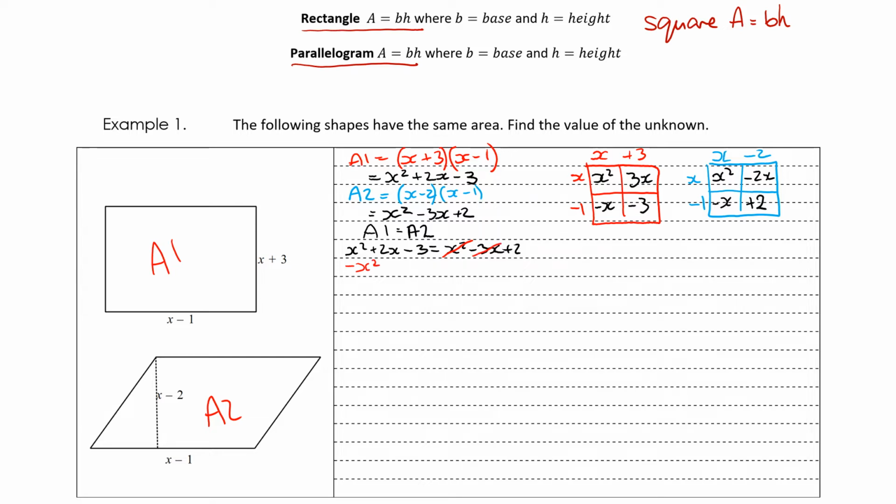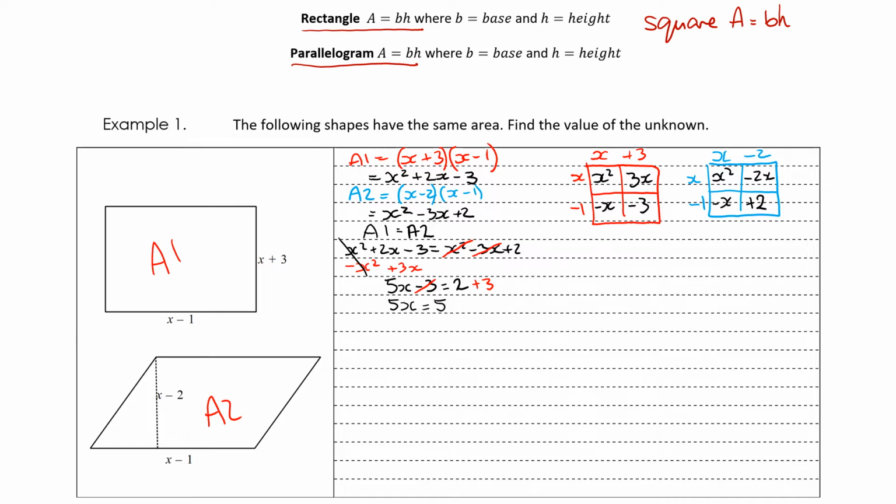Now plus the 3x. And I might leave the numbers for now and just see what happens. We may move it in a second. X squared minus x squared cancels out. 2x plus 3x is 5x. Now I'm left on the left-hand side with minus 3 and on the right with plus 2. Now because we have a two-step equation, let's move this minus 3 to the other side.